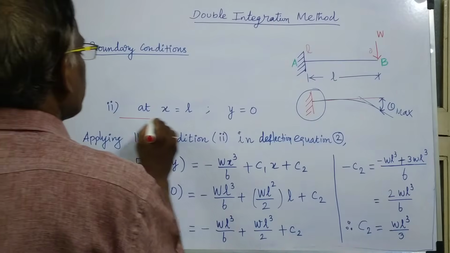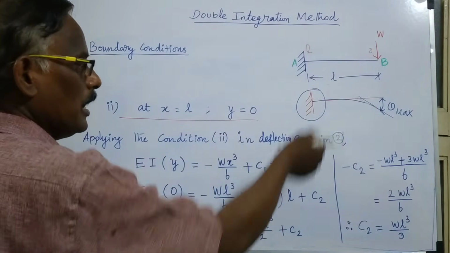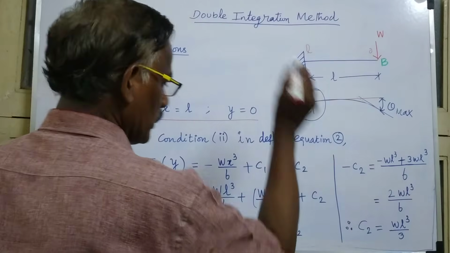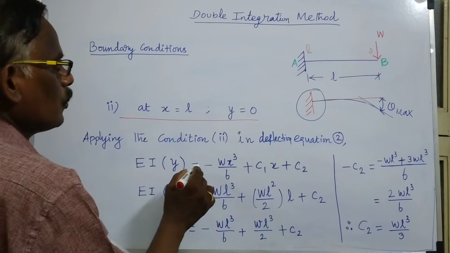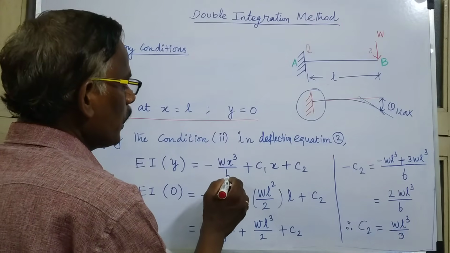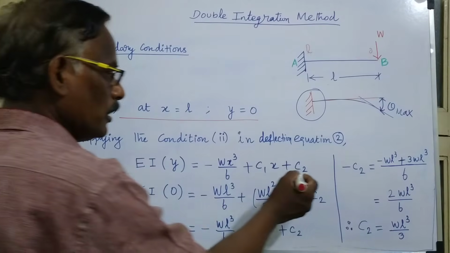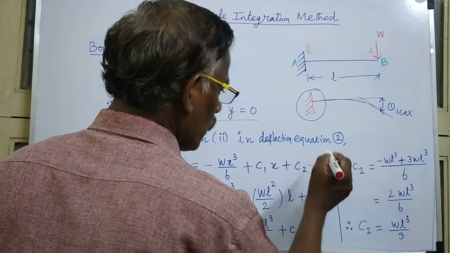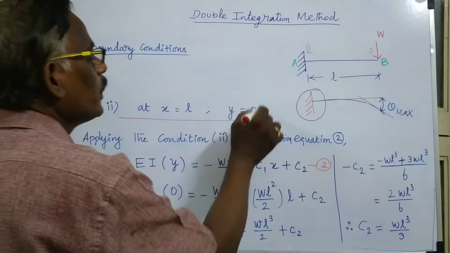Now the second condition, that is y is equal to 0, we put in the deflection equation, that is equation 2. We know the second equation: EI into y is equal to minus wx cube by 6 plus c1x plus c2. This is equation number 2.